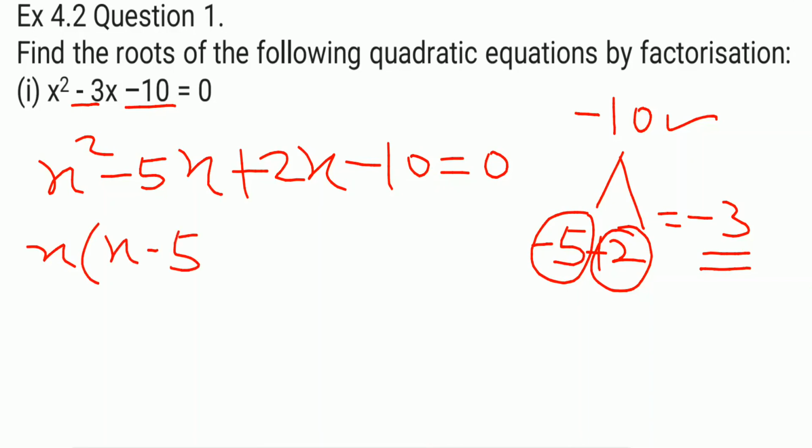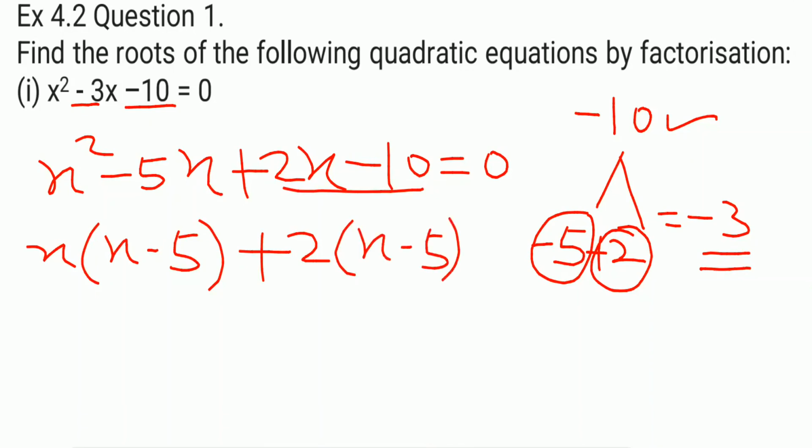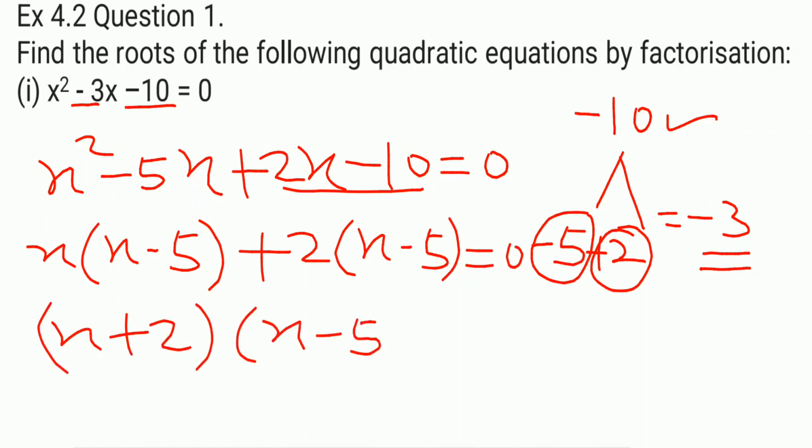X minus 5 is left here. Plus, from these next two terms, I will take 2 common. X minus 5 is left here. Now here, x plus 2 in one bracket and x minus 5 in the another bracket. Why? This x minus 5 is present here. It is present here. You can take it common. Now x plus 2 is left. I have written it here.